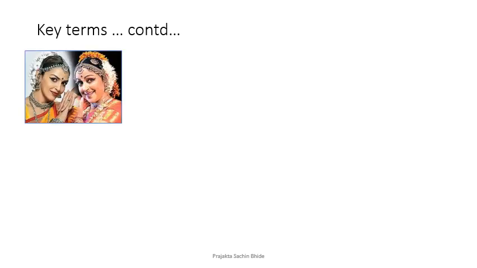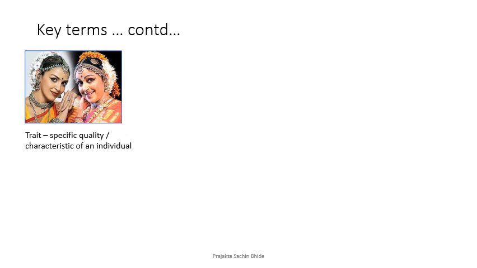Let us see a few more key terms that are associated with heredity or genes. One more picture, one more famous dancer, actress. Again, some similarity in features, some similarity in the way they dance maybe. So we call them a trait.